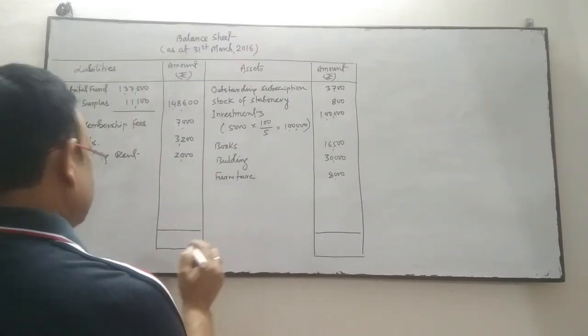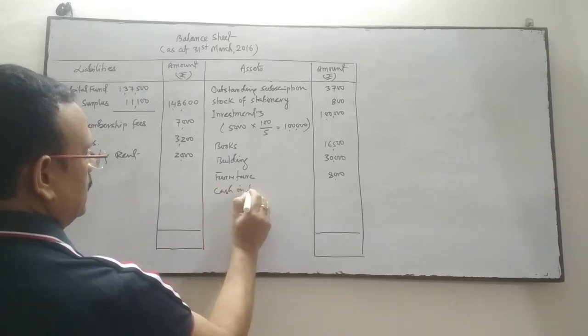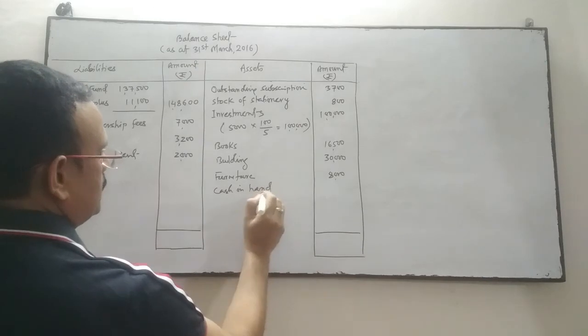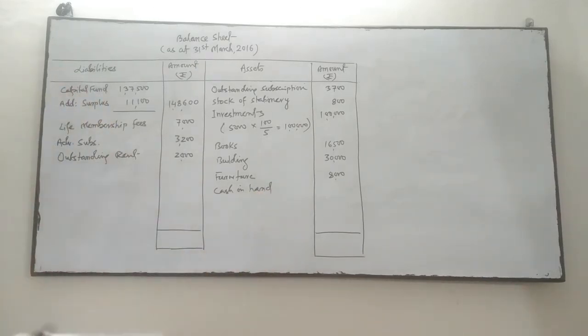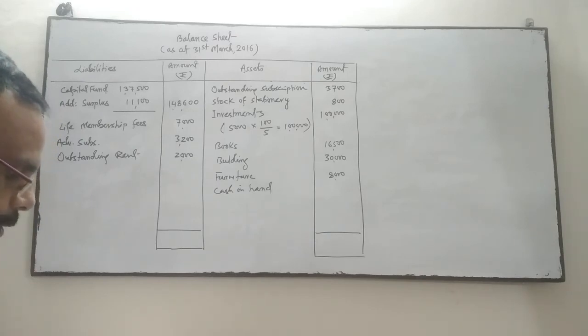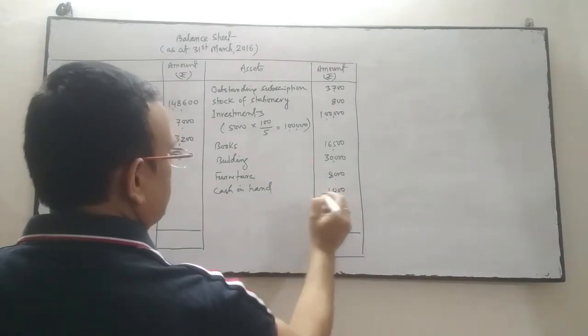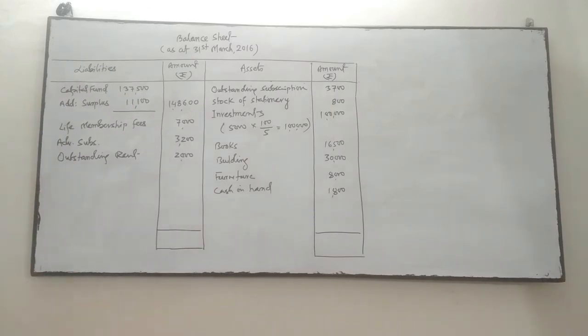Next is your cash in hand. This information you will get in the receipt and payment account, payment side, last item. This is the closing balance of cash in hand as at 31st March 2016, 1,800. Now we will do the total of both sides.